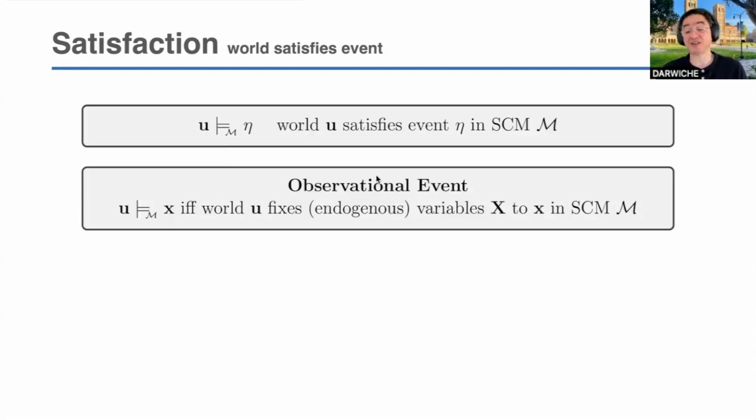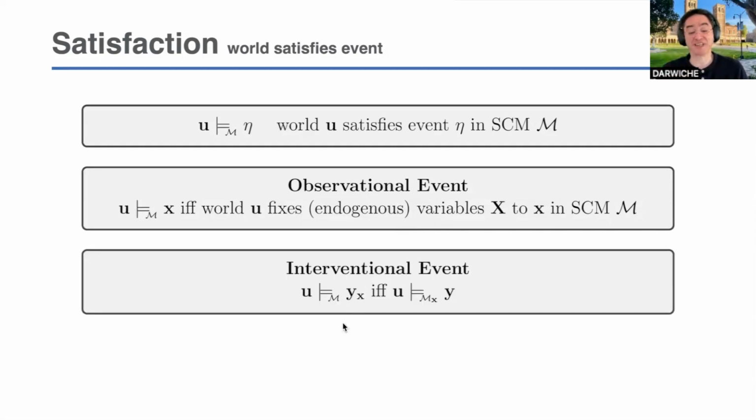And for observational events, that's straightforward. If I want to know whether an observational event is true in a world, all I do is I look at the variable settings in that world and check if indeed the variables x are set to that value in that particular world. That's straightforward. The subtle one is what's coming next, which is an interventional event.